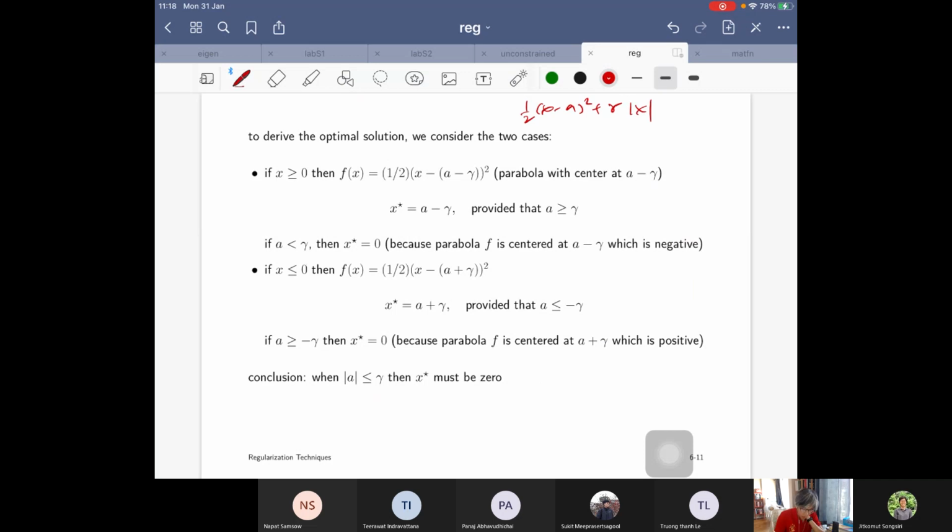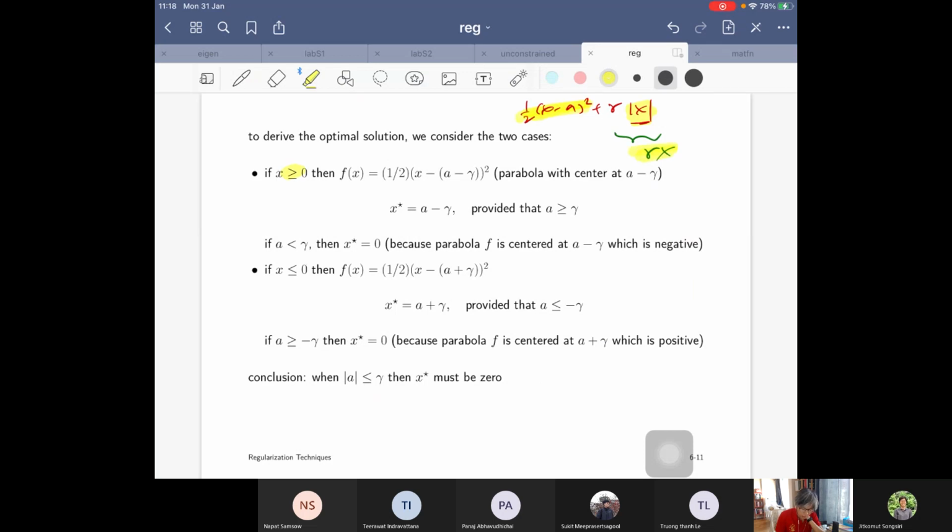So when x is non-negative, you know that the absolute value of x is x, right? So this term becomes gamma x, and you can basically complete the square.